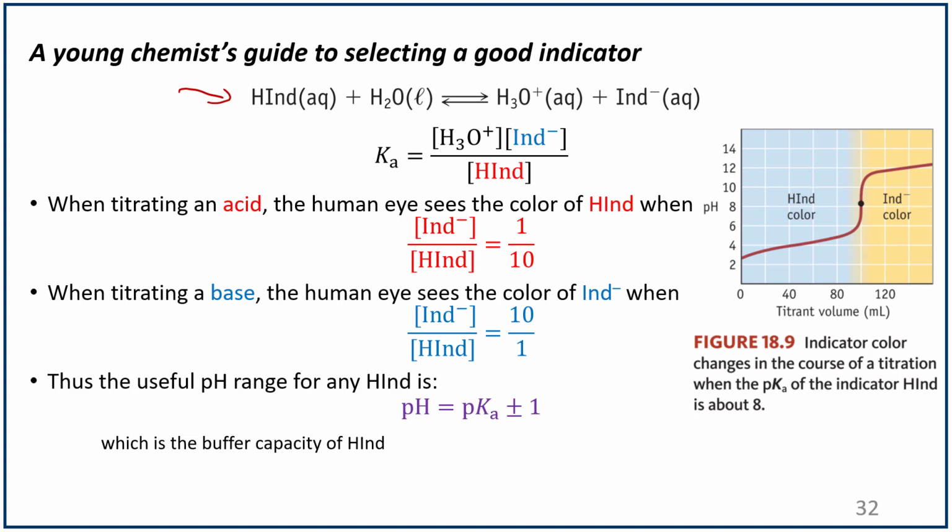So again, remember that these indicators have very low Ka values. Okay, they're weakly acidic, really weakly acidic. And as a result of that, they should not affect your results or experiment at all. At least if they do, it's very, very negligible.